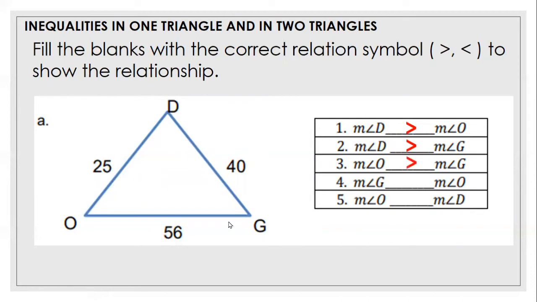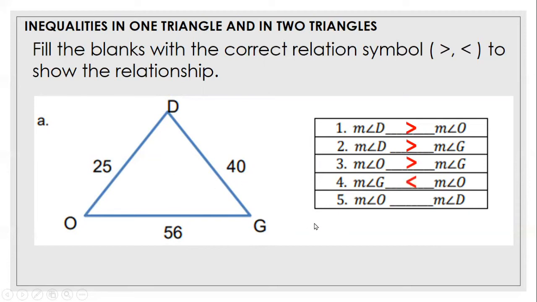Next, we have angle G is blank than angle O. The opposite side of angle G is 25. The opposite side of angle O is 40. So angle G is less than angle O. 25 is less than 40.